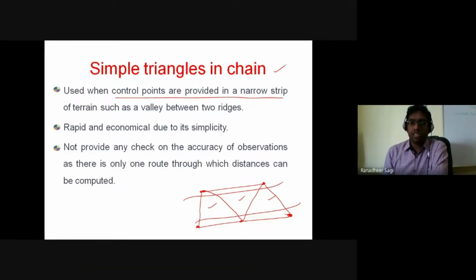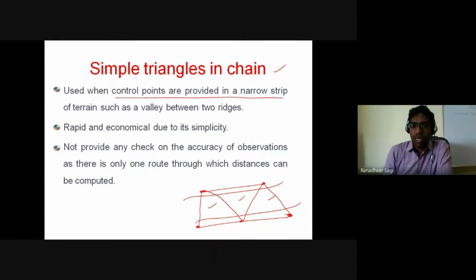This type of simple triangles in chain form is preferred whenever you have a narrow strip, a narrow region in which you are required to prepare your triangulation. In such cases we go for simple triangles. But the disadvantage with simple triangles in chain form is this.